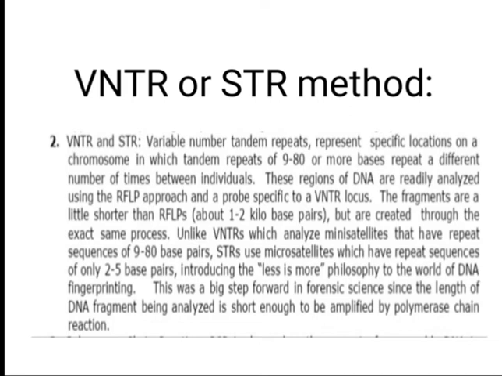And in the STR, only 2 to 5 base pairs are included, introducing the less-is-more philosophy to the world of DNA fingerprinting. This was a big step forward in forensic science, since the length of the DNA fragment being analyzed is short enough to be amplified by polymerase chain reaction.